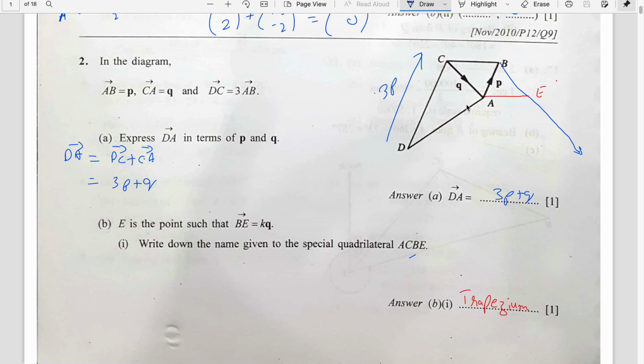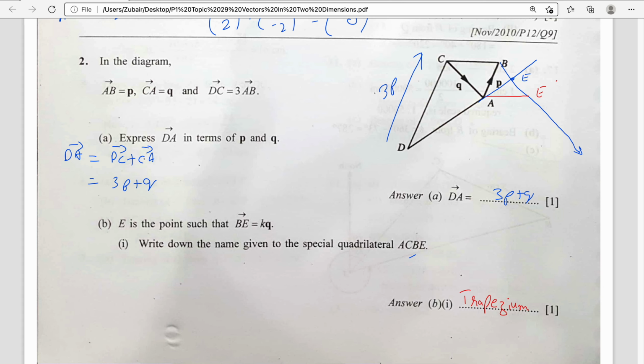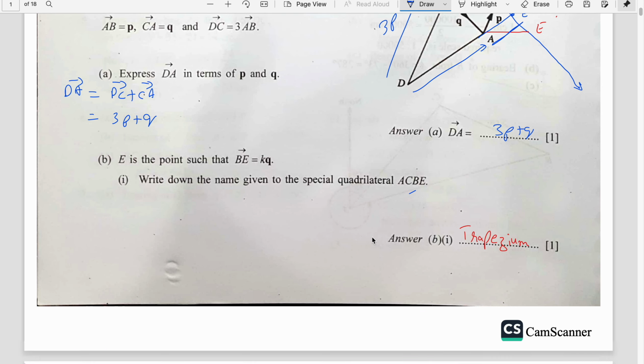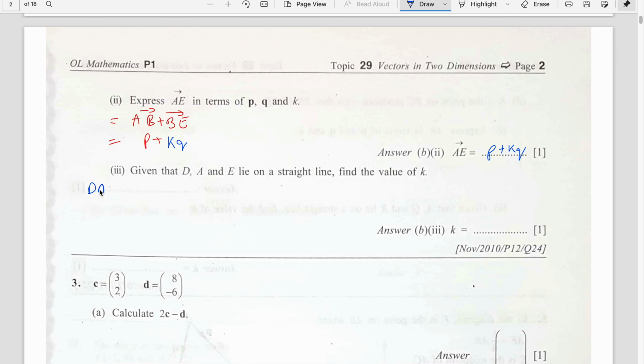Okay. Now D, A, E lie on a straight line. Let us assume that E is here. We already know the vector AE. Let's try DA is equal to H times AE.